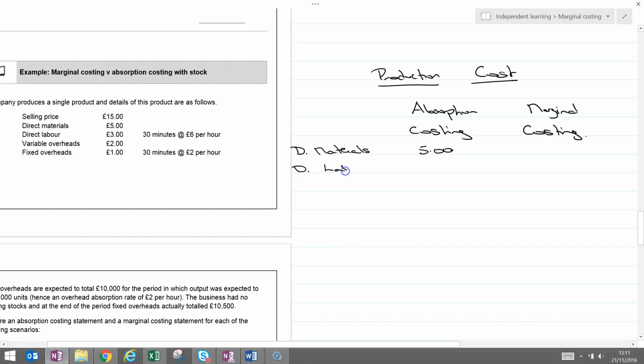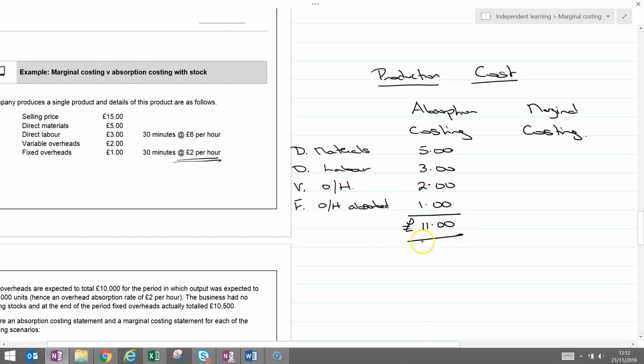Direct labour, £3. Variable overheads, £2. Fixed overheads, and remember this is absorbed. We can see we have an absorption rate, and it works out at £1. So in total, our production cost is £11.